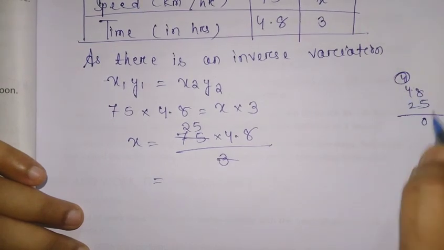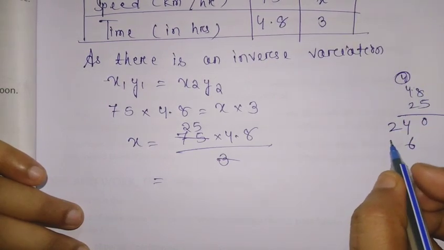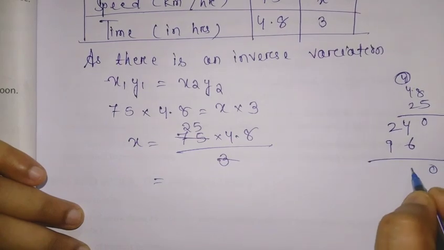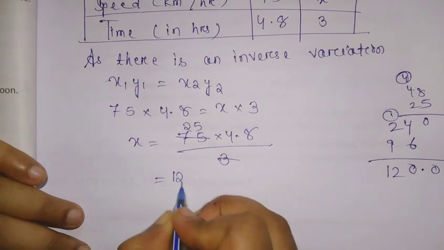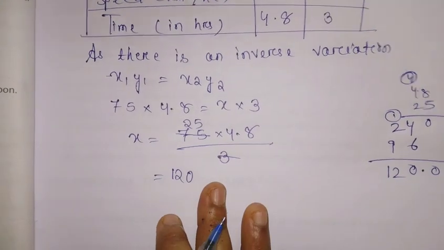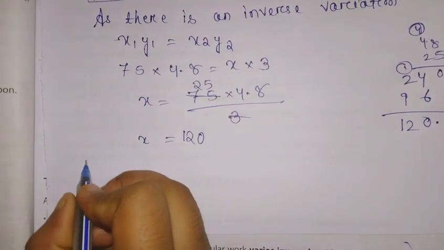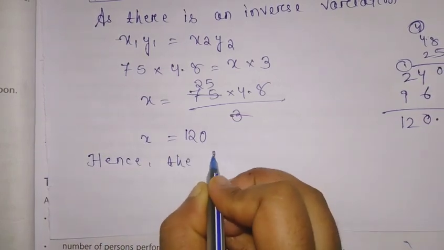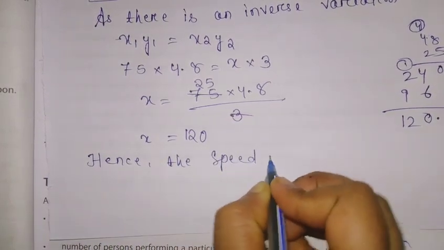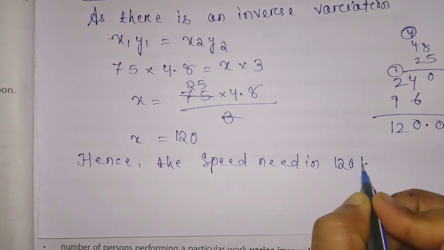Then 5 fours are 20 plus 4 is 24. 2 eights are 16, carry 1. 2 fours are 8 plus 1 equals 9. So x equals 120. Hence, the speed needed is 120 kilometers per hour.